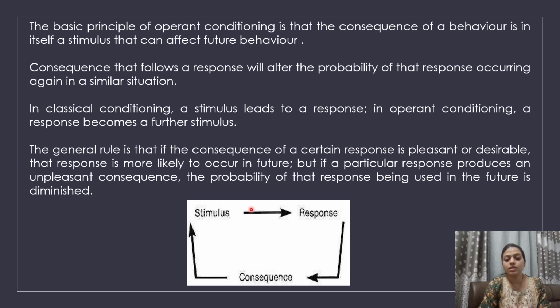Any stimulus which causes a response will cause a certain consequence. If that consequence is good, that acts as a stimulus and leads to the same kind of response in future, whereas if the consequence is not that pleasant, then that does not act as a stimulus and there is a probability that such kind of response will be diminished in the future.